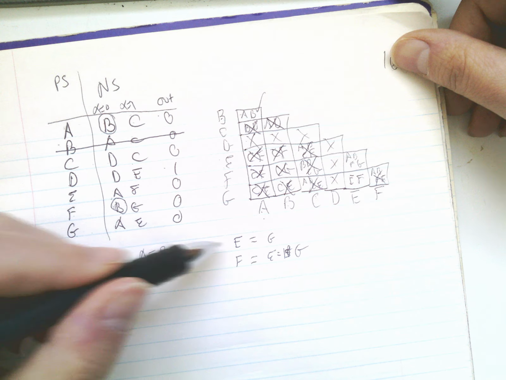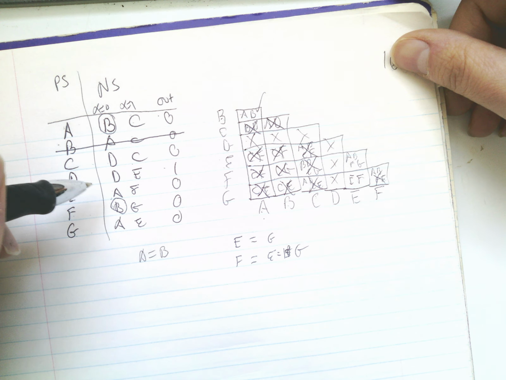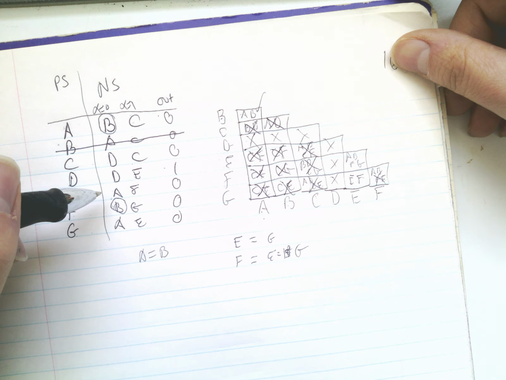Then I can say, aha, anywhere I see an E or a G, I can write out an F.